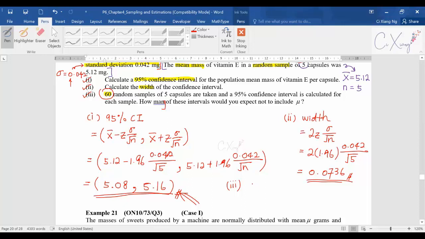I think I told you before, what is the meaning of 95%? 95% means that 95% of the confidence intervals include mu, that means the mu lies between the values. Which means 5% of confidence intervals do not include the mu.